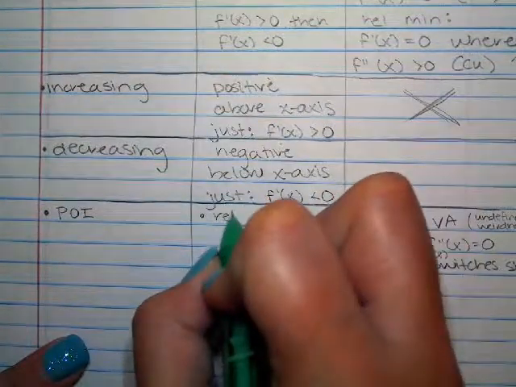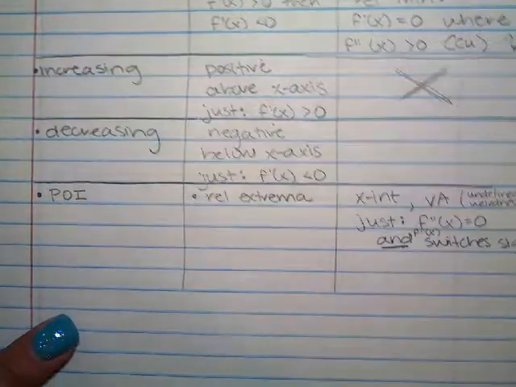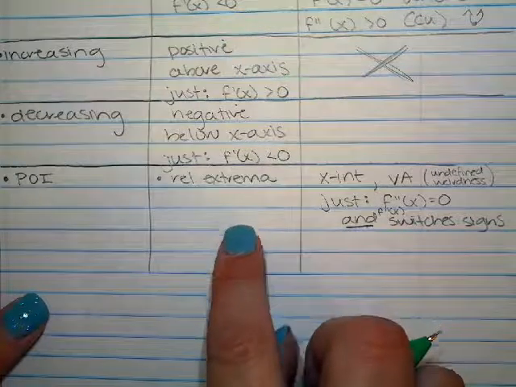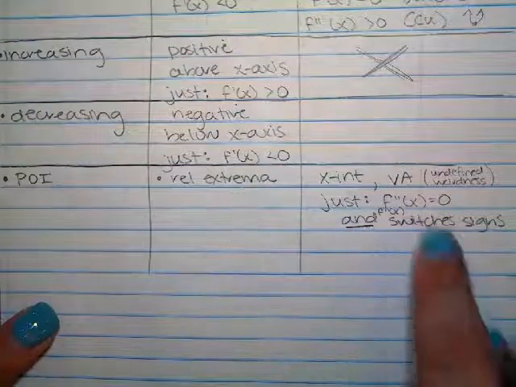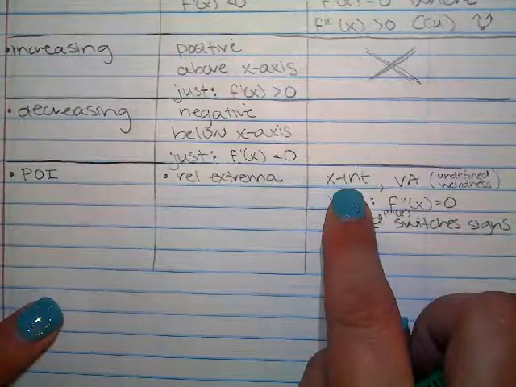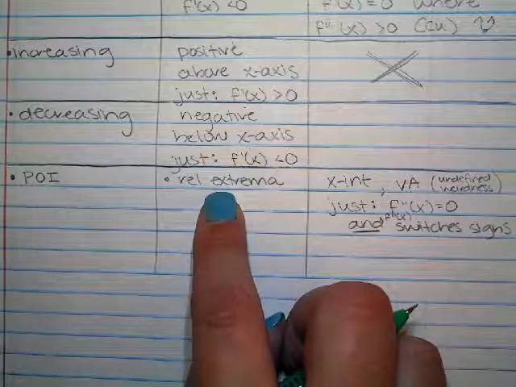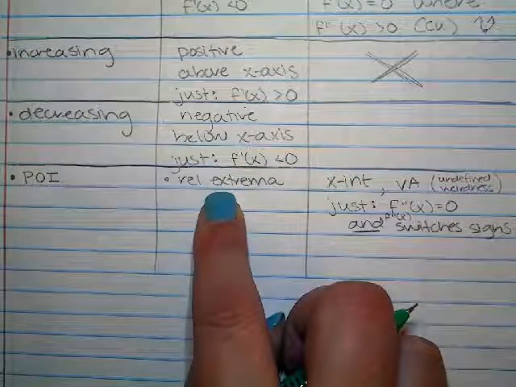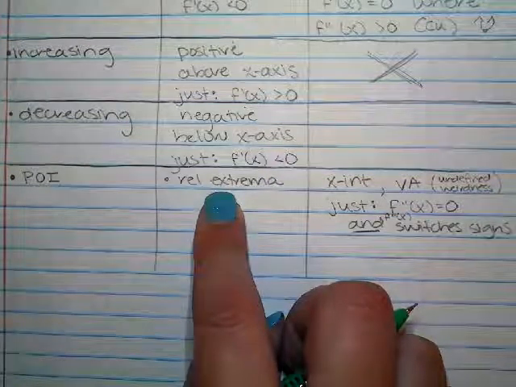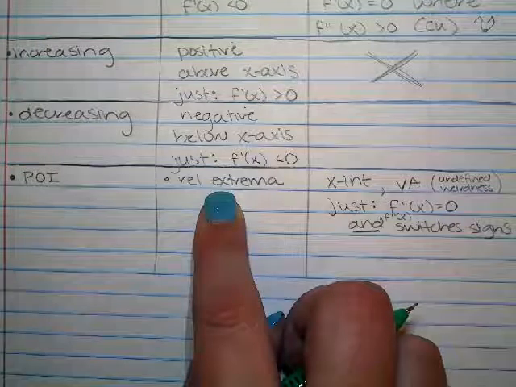So if we look at the first derivative graph, then the places where we could predict the points of inflection would be, because on the first derivative graph, they would show up as relative extrema. They would show up as places where the first derivative would have a slope of 0. Does that make sense? So the first derivative graph would have a slope of 0.